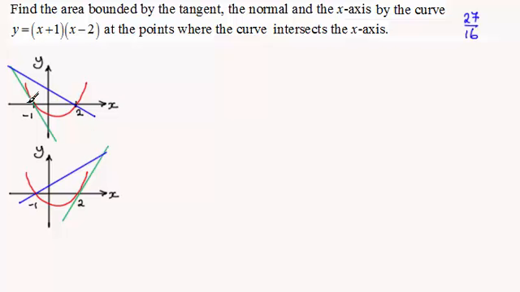Because of the symmetry of the graph, it would be right down this line here. Then the gradient of the tangent, let's say at x equals -1, it's negative, but it's going to have the same positive value over here. And the same applies to the normal.